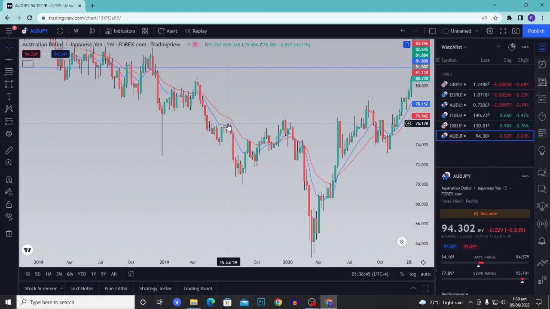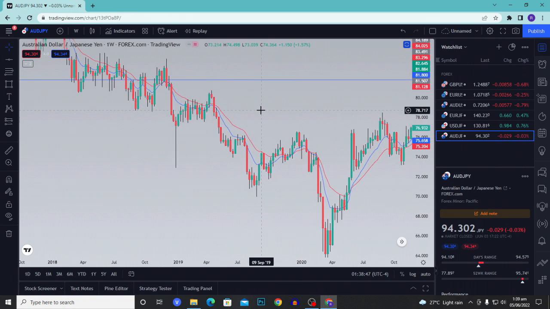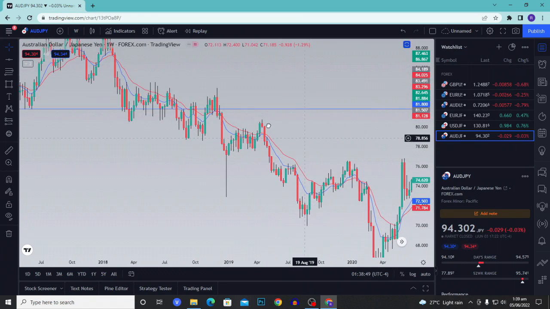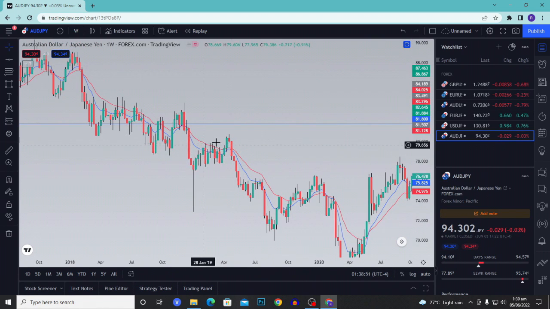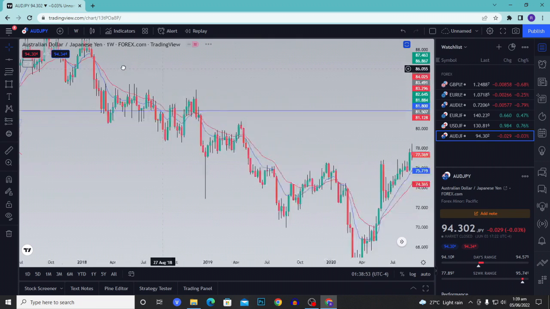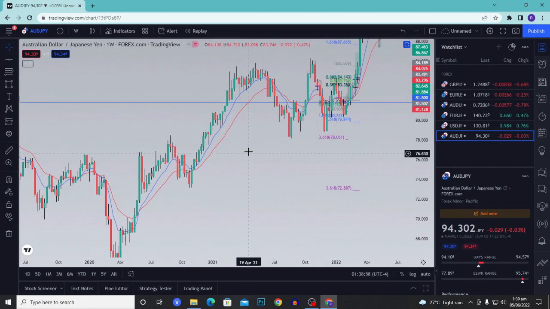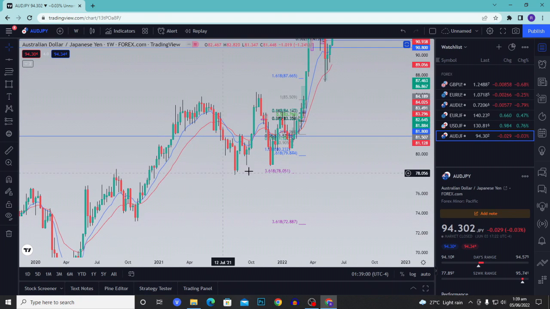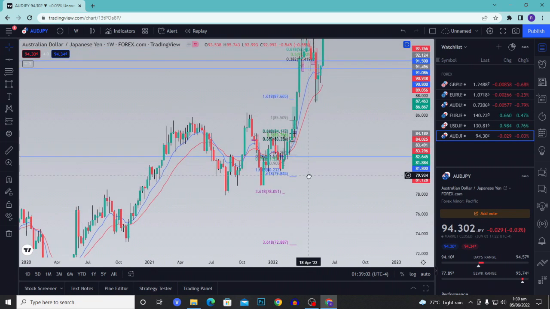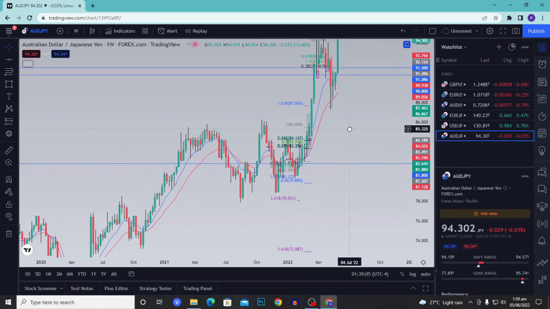Let's look at this. No, I want a W formation first. Let's look for a W formation. I'm not too sure if we can go all the way back here. So let's look for one a bit closer.